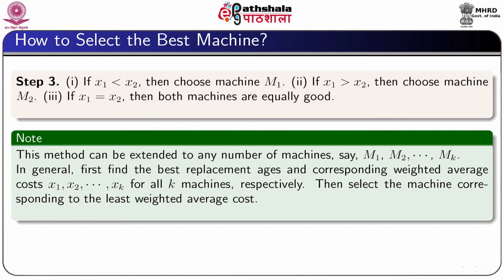This method can be extended to any number of machines, say k machines M1, M2 up to Mk, and in general we first find the best replacement ages and the corresponding weighted average costs x1, x2 up to xk for all k machines. Then we select the machine corresponding to the least weighted average cost.